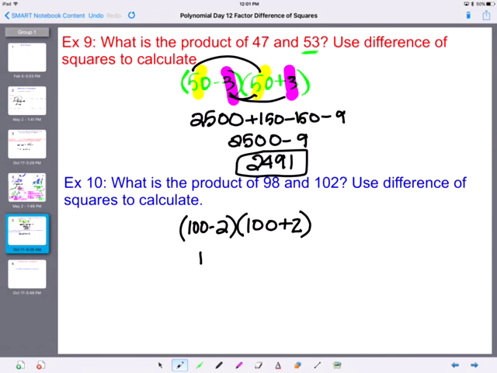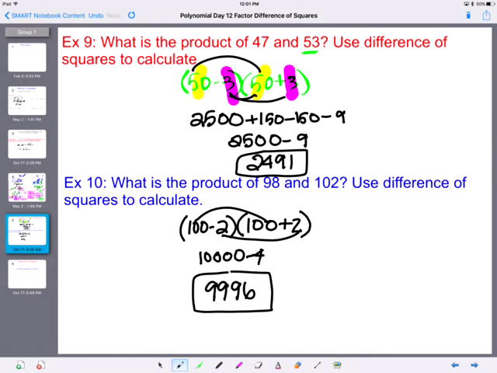Oh yeah, it's 10,000. Do I know what negative 2 times 2 is? Oh, that's 4. And when I subtract 4 from 10,000, I know I get 9,996. So the product of 98 and 102 is 9,996.